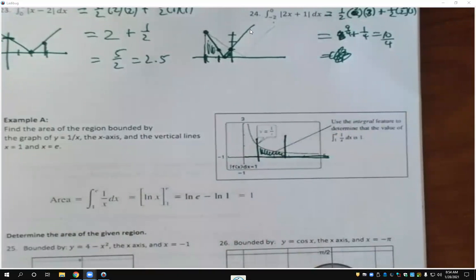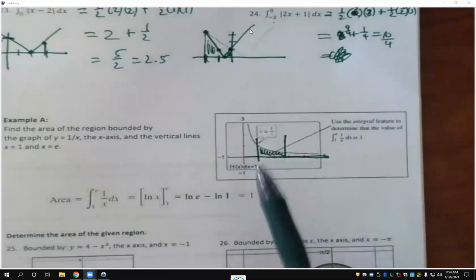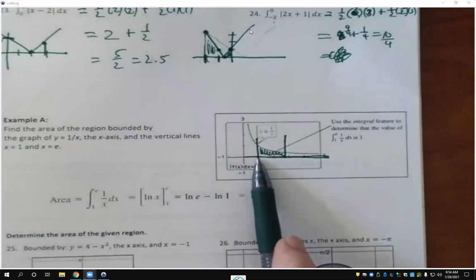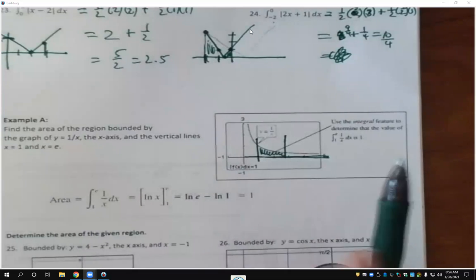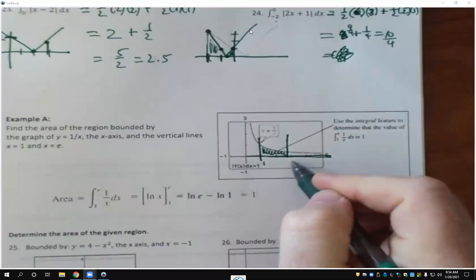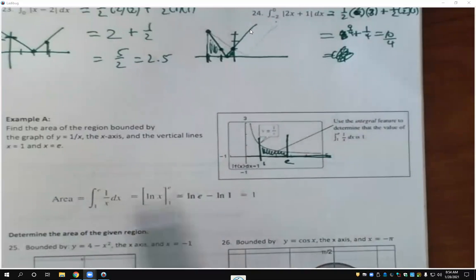Obviously not a geometric formula for that because it's curving. So we would do antiderivatives, or we would do the fundamental theorem of calculus part 1. So the area is going to be equal to the integral from our lower limit, which is our left boundary, 1. Our right boundary is e. Remember this is at 1, this is at e. And it's the function 1 over x and then dx.